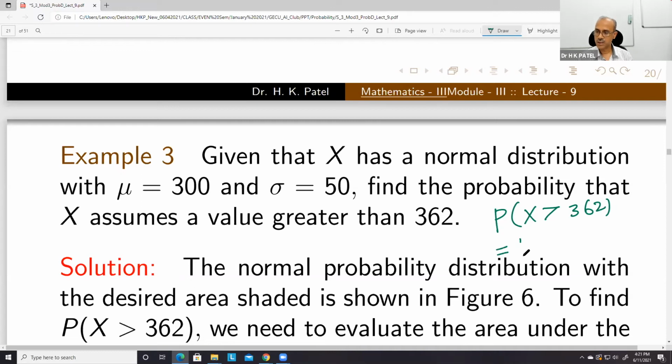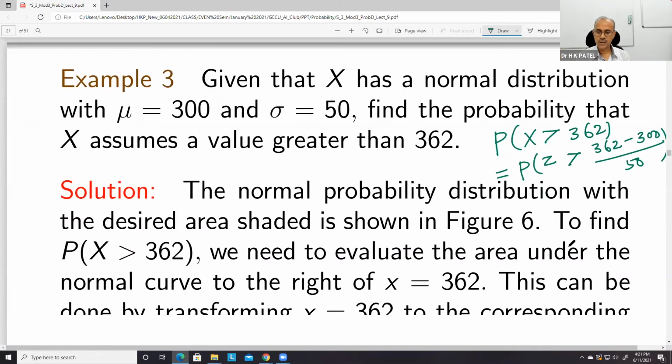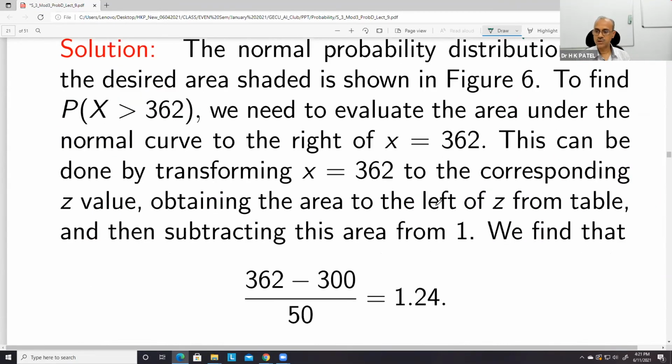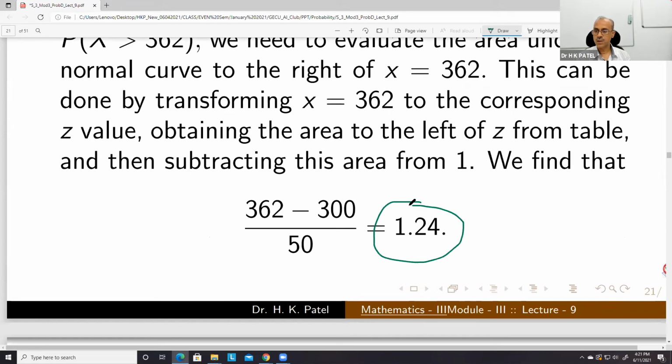This is actually equal to P(Z > (362 - mu)/sigma), where mu is 300 and sigma is 50. In this way you can find this value, and this value is 1.24.